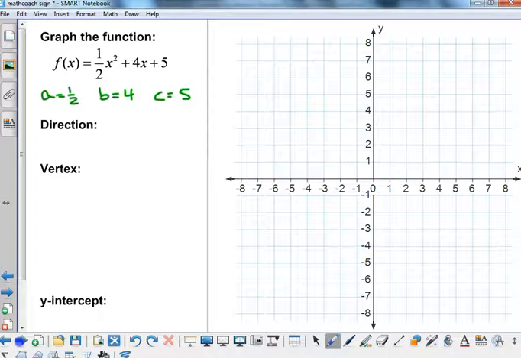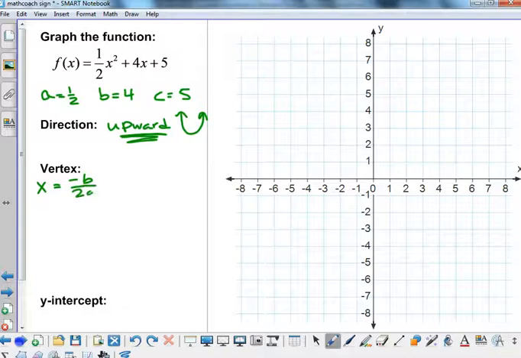All right, now that you've done that, let's just real quickly go through. A was positive 1/2, so we know this direction is going upward since A is positive. So we have this. Our vertex we'll real quickly find with good old x equals -b over 2a, so that would be -4 over 2 times 1/2.